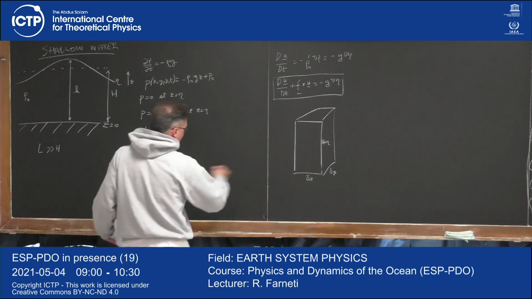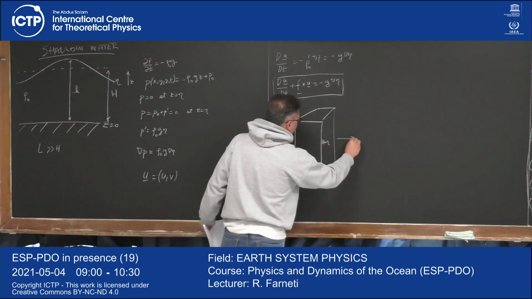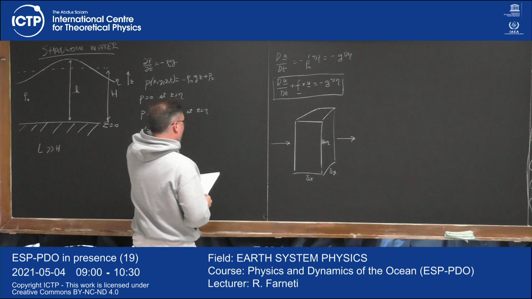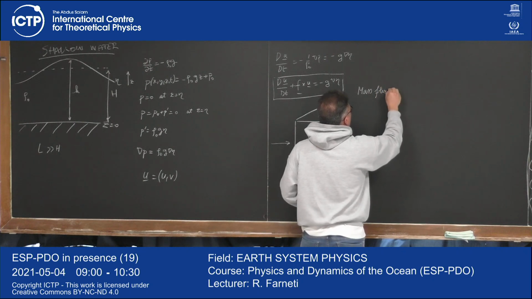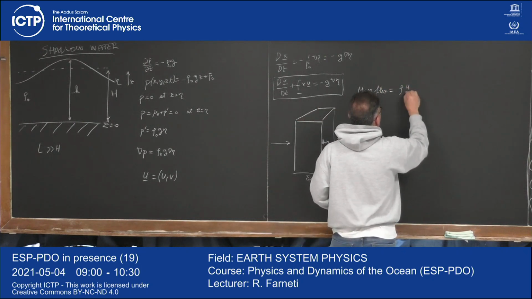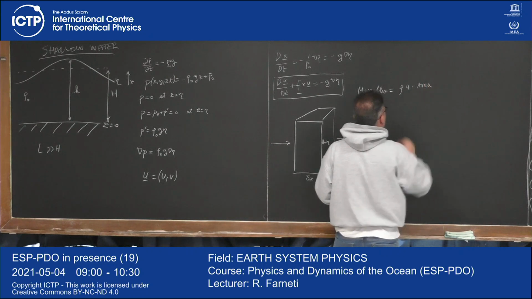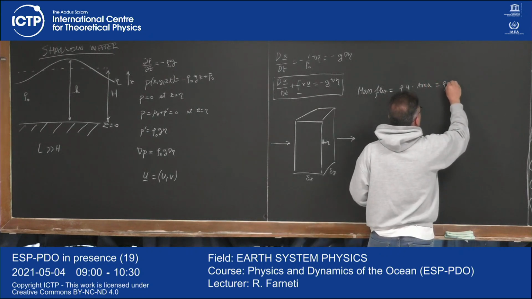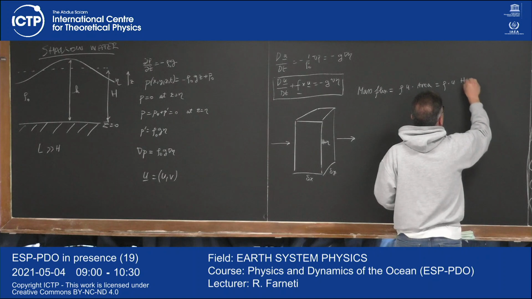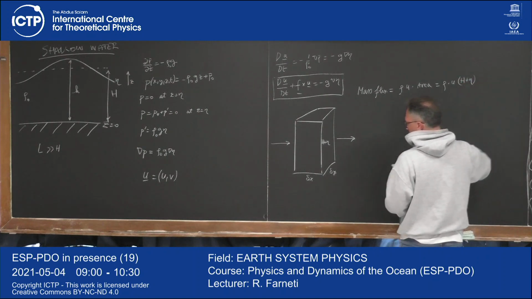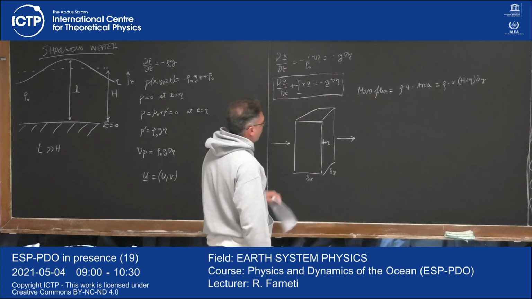So if there is a mass flux through our column of fluid, in and out, the mass flux in the x direction is going to be rho u times the area, and the area is h plus eta times delta y. So that's going to be the mass flux in and the mass flux out.